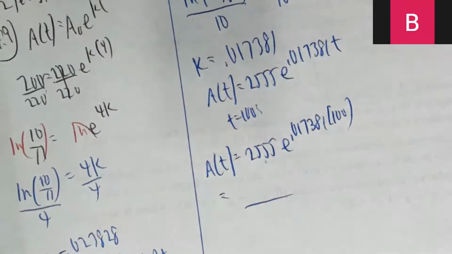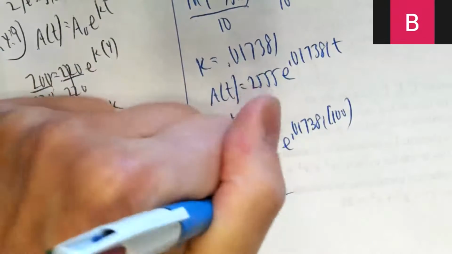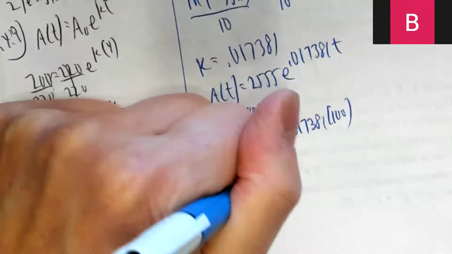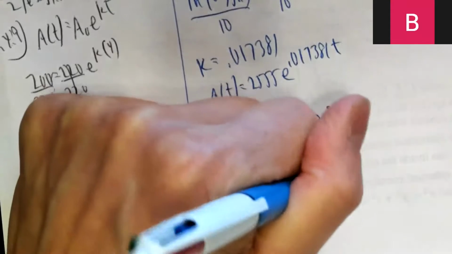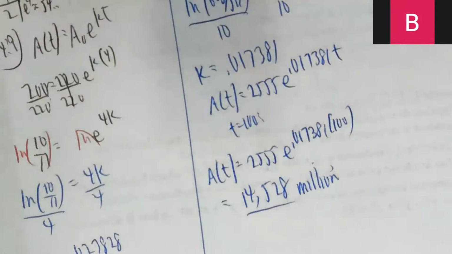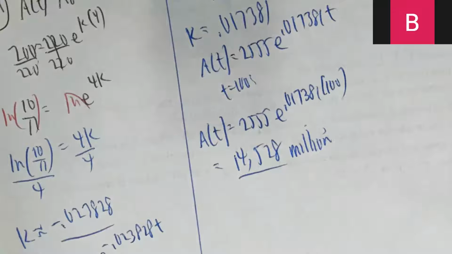That's in the machine: 2,555 times e to the power of 100 times my answer gives 14,528 million, which means 14 billion, roughly.